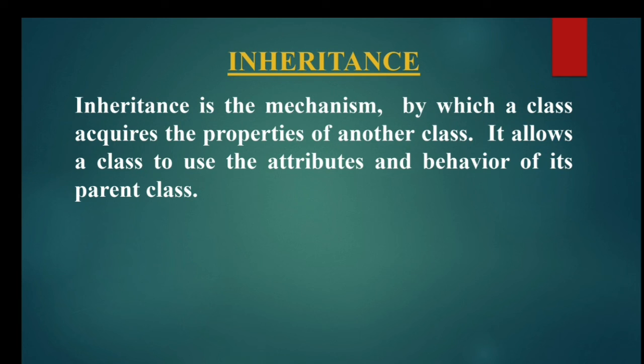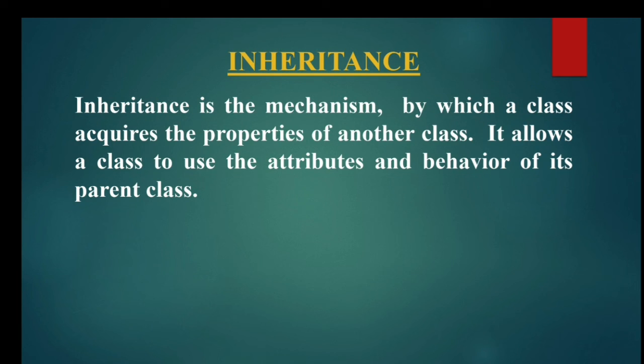Properties means characteristics or data members or member methods. We can inherit the attributes or data members from the other class by using inheritance. The base class is called the parent class and the derived class is called the child class.